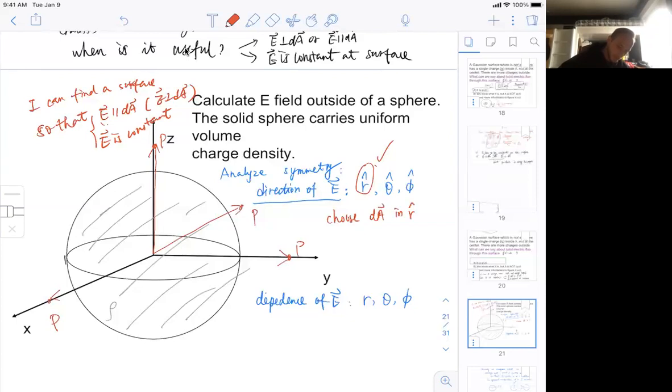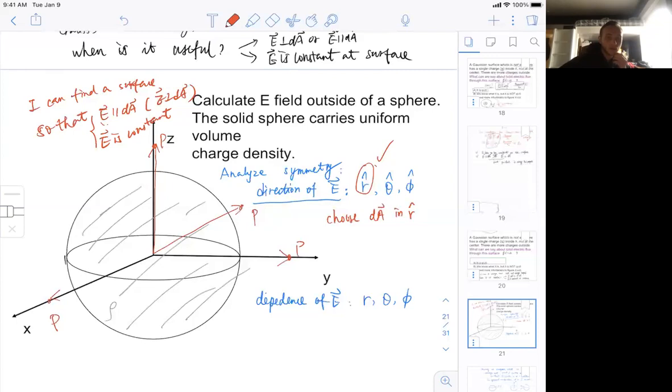The second thing we want to analyze is the dependence of E. Dependence means that as these variables change, E changes value. So as R changes, meaning that when you go further or closer to the center, your E changes value.